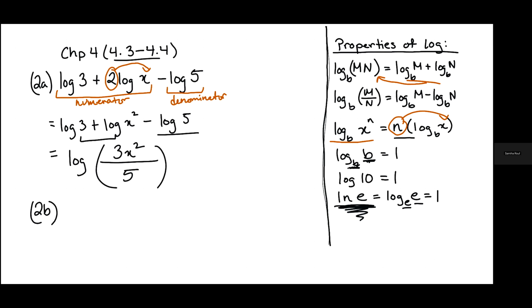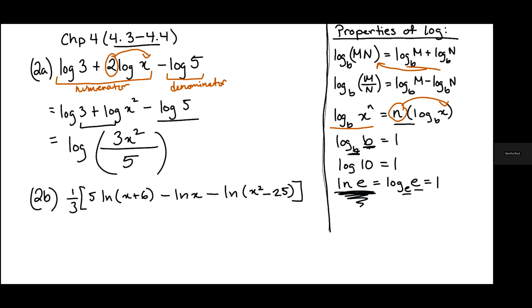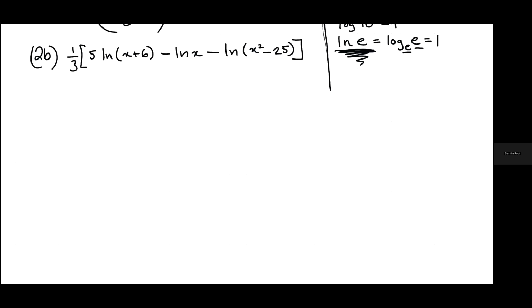Okay, so here we have 1/3 parentheses 5 natural log of x plus 6 minus natural log of x minus natural log of x squared minus 25. Okay.